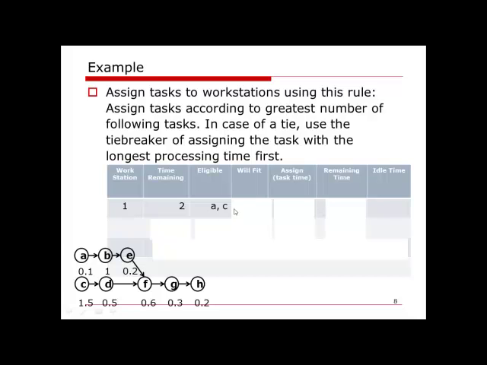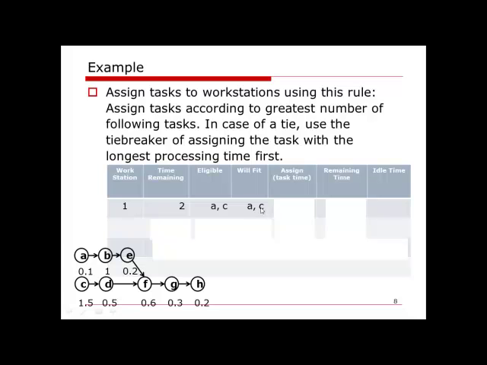Now we have A and C. A's task time is 0.1 minutes, and C's working time is 1.5 minutes. Both of these tasks have a processing time that is shorter than the remaining time of 2 minutes. So both of them will fit in the current workstation. Now we have two to select from. Which one should we work on first, A or C?